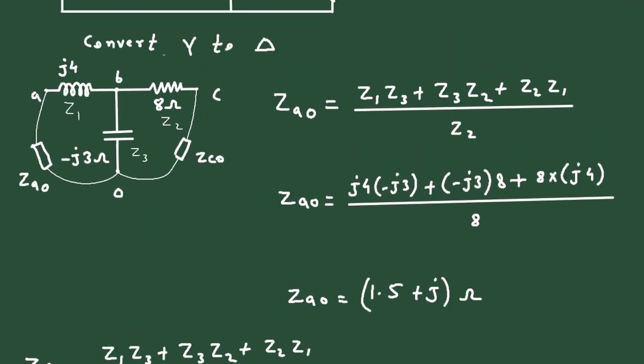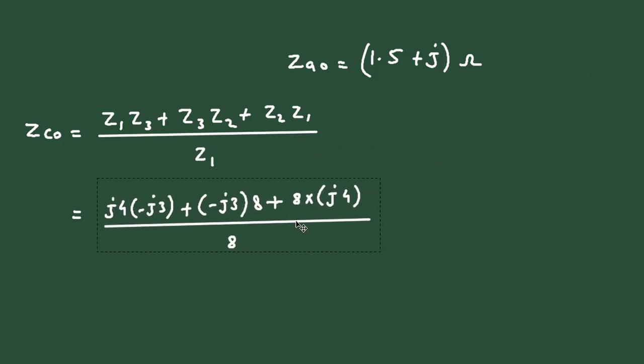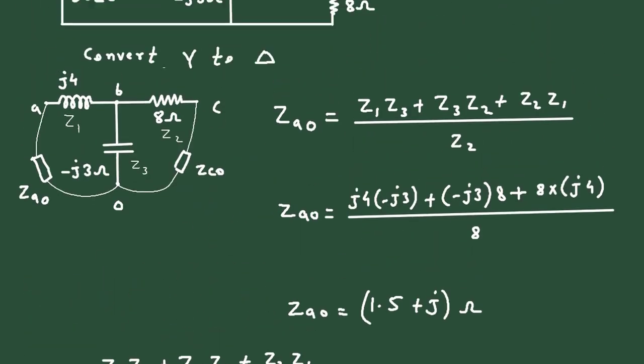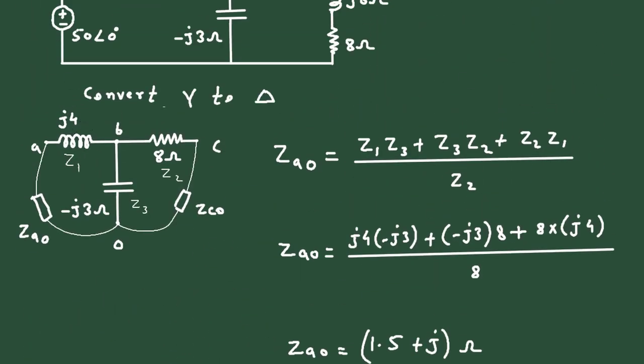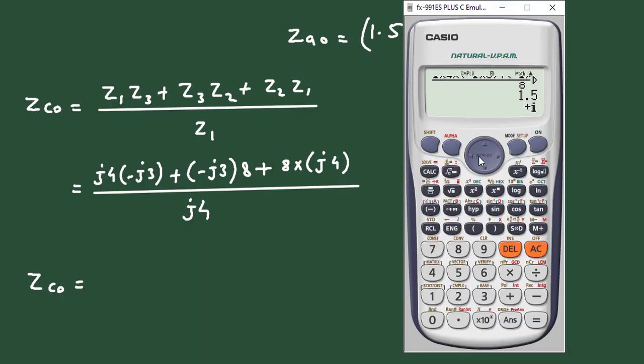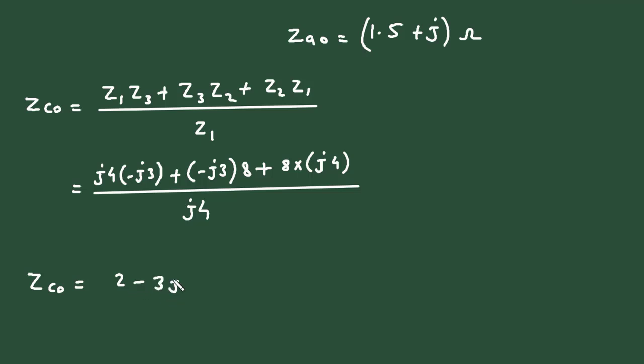Again, we can directly copy this part from here and paste it here. Now the denominator will change to Z1. The value of Z1 is J4. So ZCO is equal to, just we have to replace the denominator, I into 4. So it is 2 minus 3j.